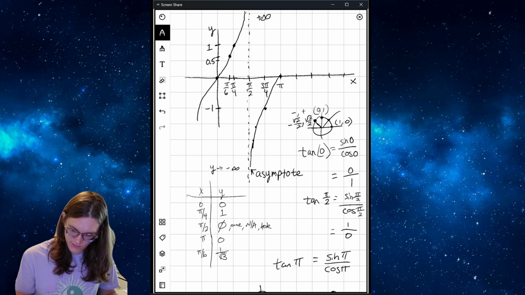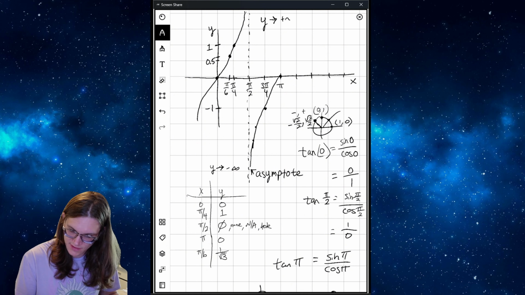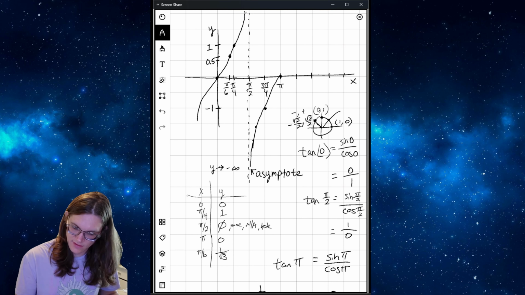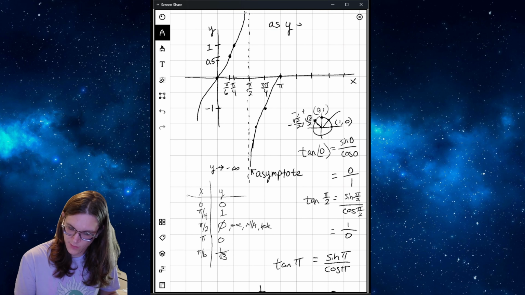As y goes down here to negative infinity, and as y increases up here to positive infinity, you're going to continually get x values that are closer and closer to pi over 2, but x will never be pi over 2, right? The formal way of writing it is as y approaches positive infinity, x approaches pi over 2, right?